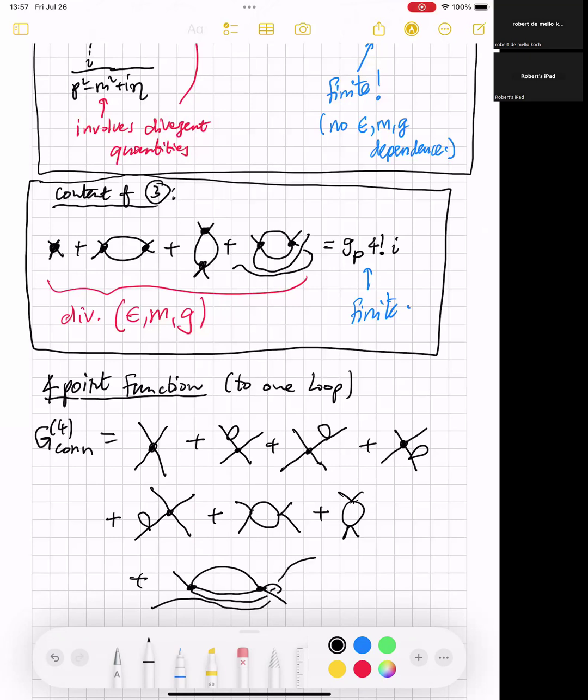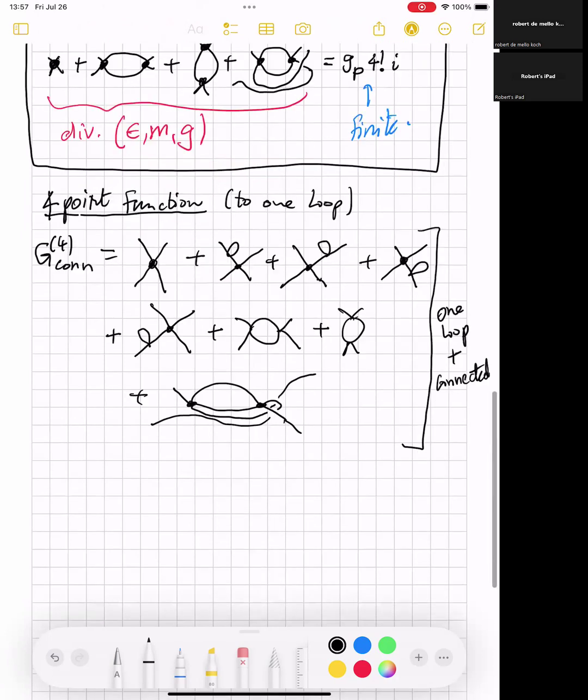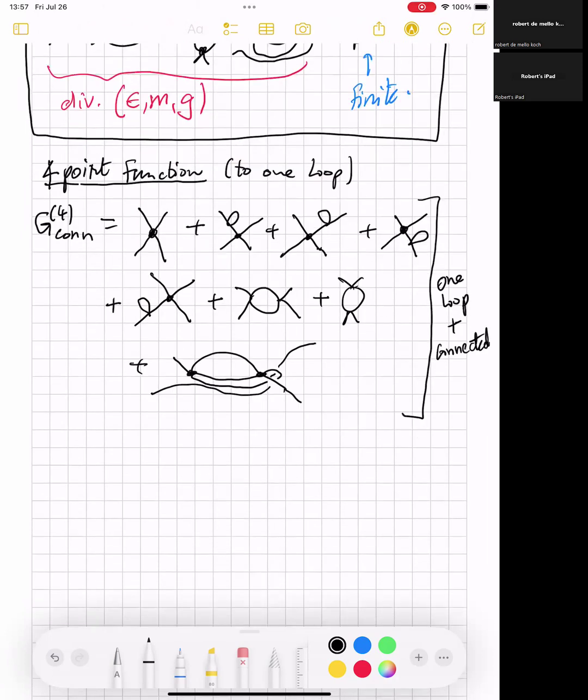Okay, so there are the diagrams. I think you've got the idea. What's important is I've drawn the complete set of diagrams at one loop, and I've only drawn the diagrams that are connected. And the question is, is this sum finite? And is it finite by only using the conditions 1, 2, and 3?